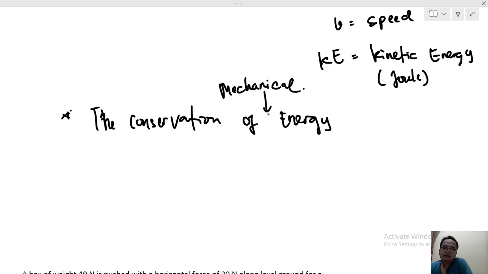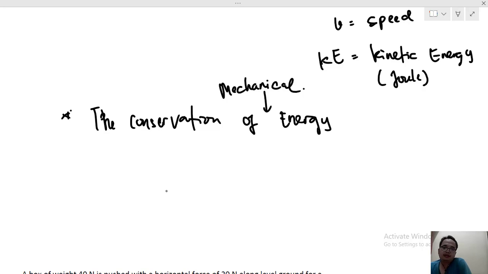I will add this term in this topic, because conservation of energy means the conservation of mechanical energy.